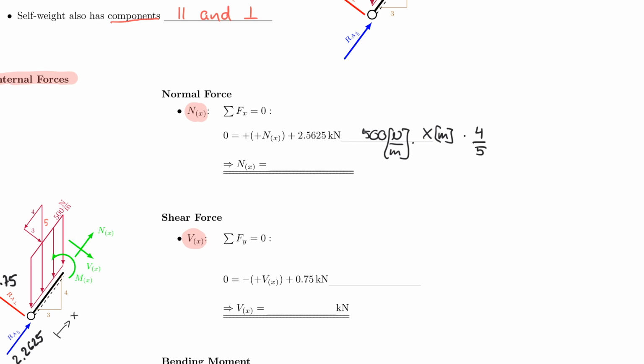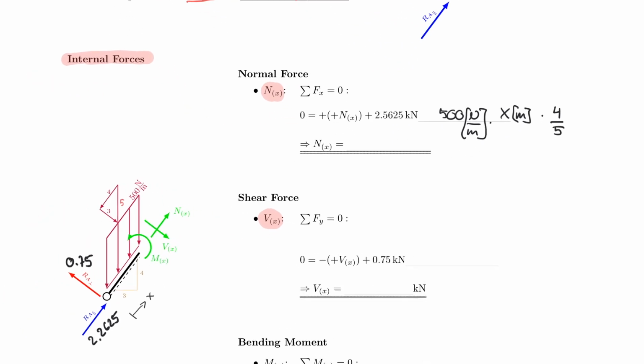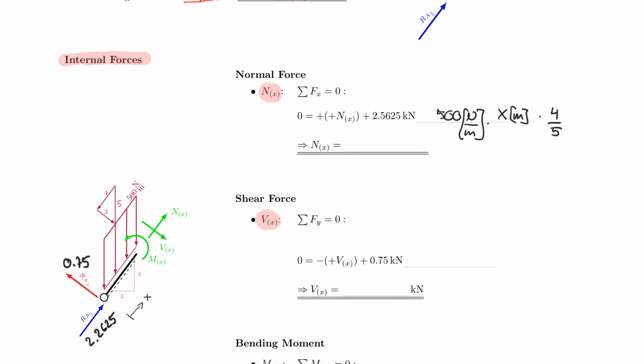Last but not least, I have to decide if it's positive or negative. And since my N here is positive to the right, this one is opposing it, and therefore it has to be negative. So now I'm going to have a negative 500x times 4 over 5. And if I solve this now, I probably would do better to turn this into kilonewton.